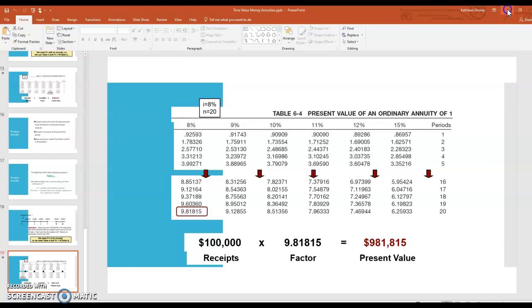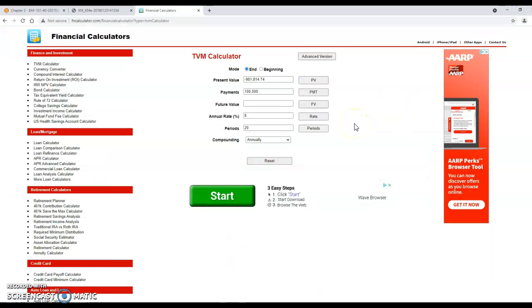So once again, remember if you were putting in something, let's say I had the present value, and I wanted to know how much was the payment. So 981,815.